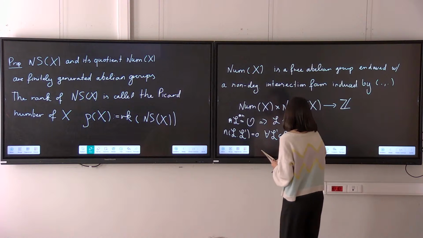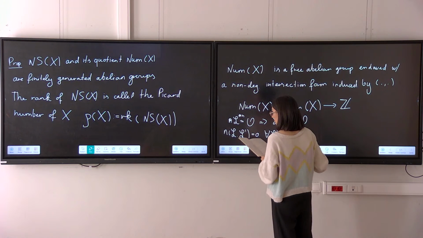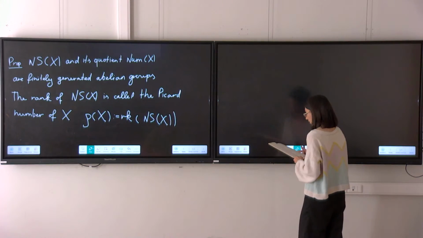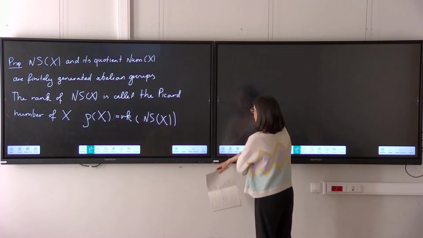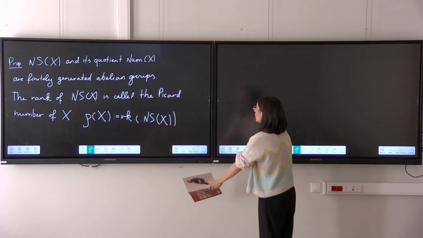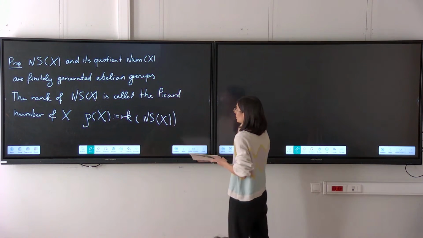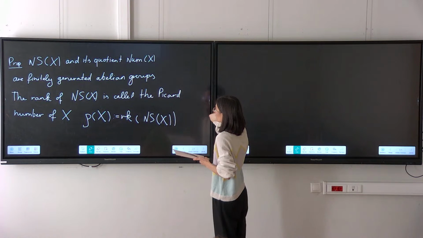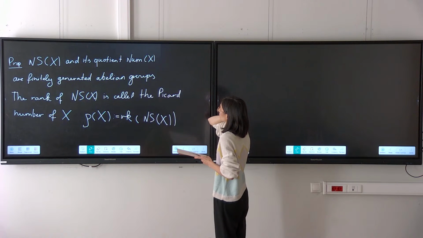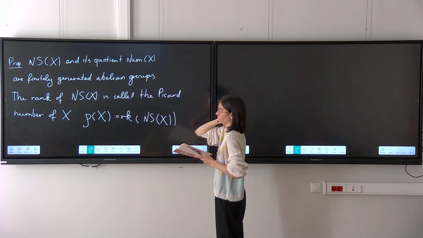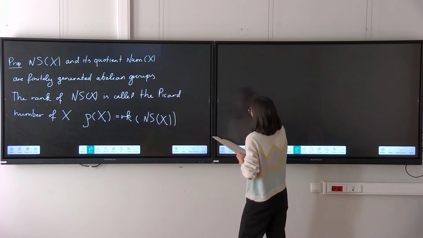Yes, and now let me state the Hodge index theorem, because now we will discuss what these groups, Néron-Severi, numerical X, and the Picard group of an algebraic K3 surface are.